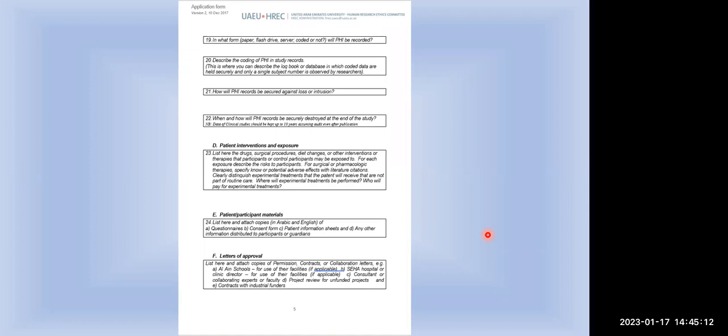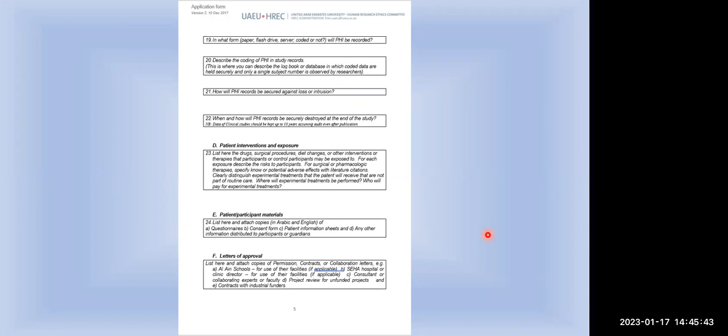This should be strictly protected, and we should not use the names of the participants. We should always use a code for all the participants and in all our documentation. So the patient will be a number. We should not have the name of the patient in order to keep the privacy of the participants.